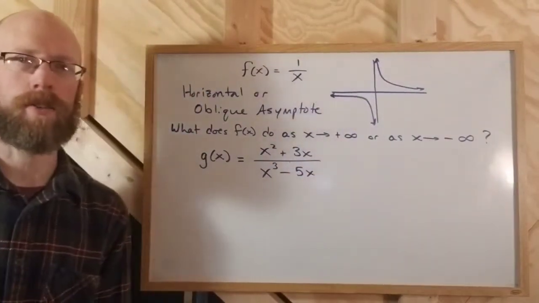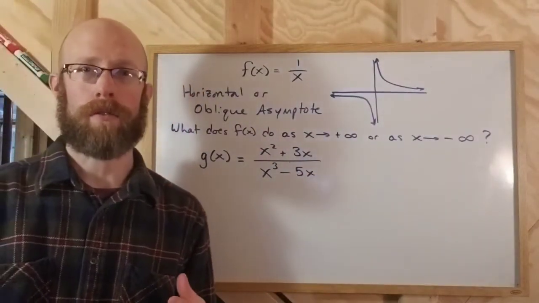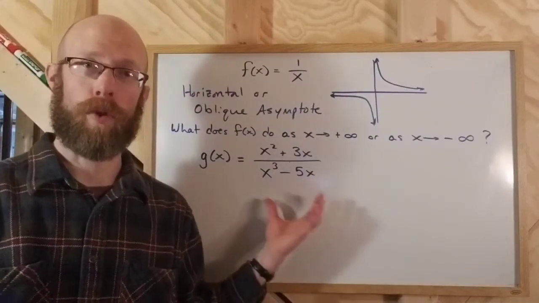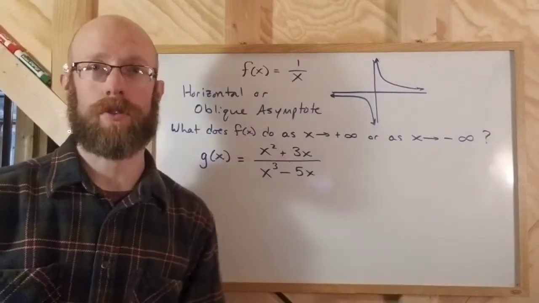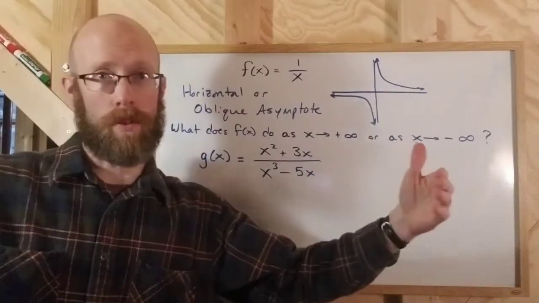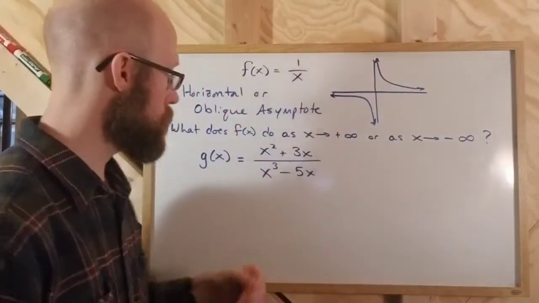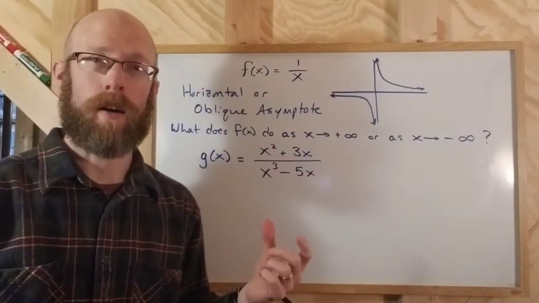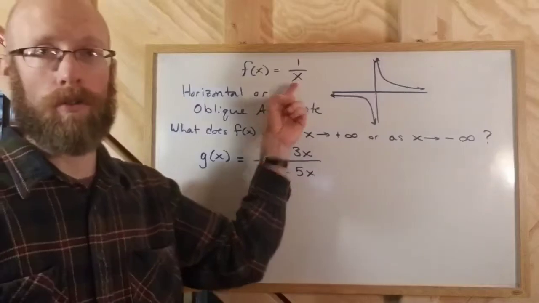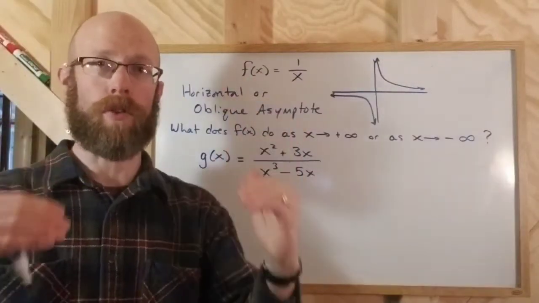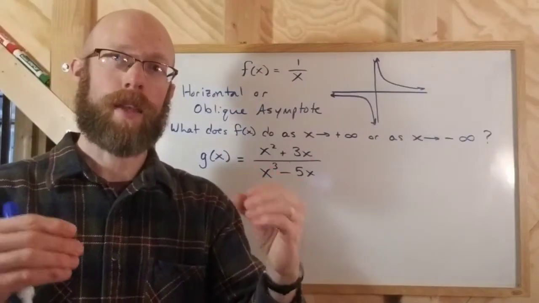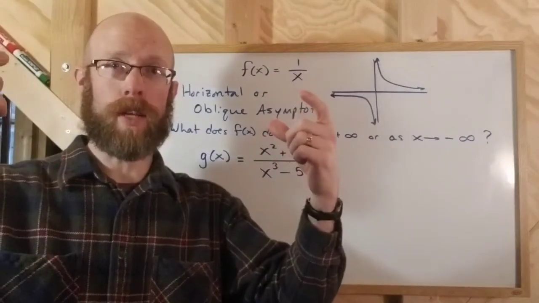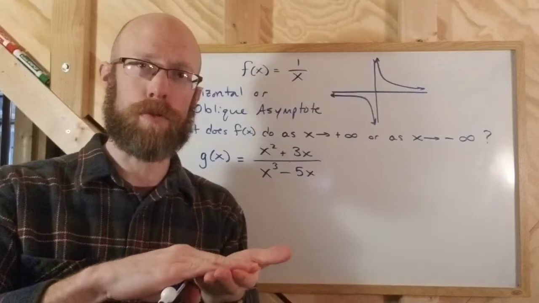Something like this. Well, one way to explain what happens as x gets close to infinity, or negative infinity, is to change all of these terms to things that look like 1 over x. Because anything that looks like 1 over x or 1 over x squared, the denominator grows so quickly and the numerator stays the same that the whole fraction gets super small to 0.